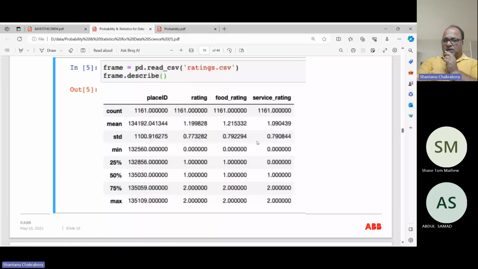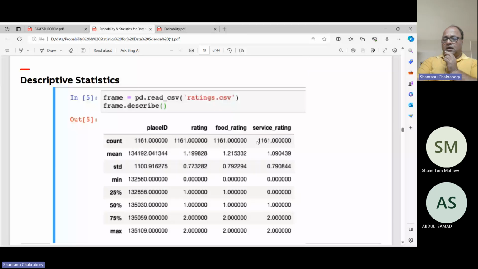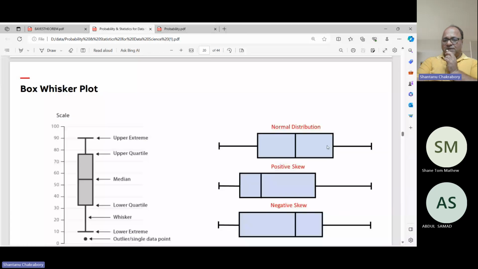In descriptive statistics, we described the data set using pandas, where we got the mean, standard deviation, minimum, quantiles Q1, Q2, Q3, and the other parameters. Then we did the box plot, where we have seen Q1, Q3, and Q3 minus Q1. We see the outliers and extremes in a box plot, right?